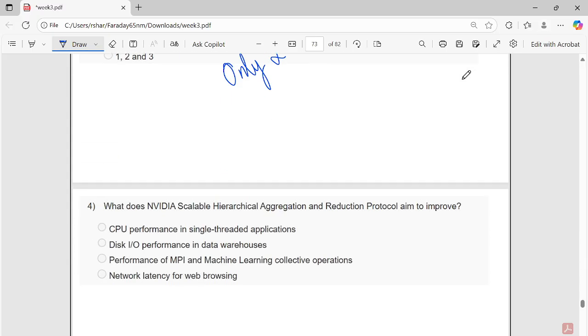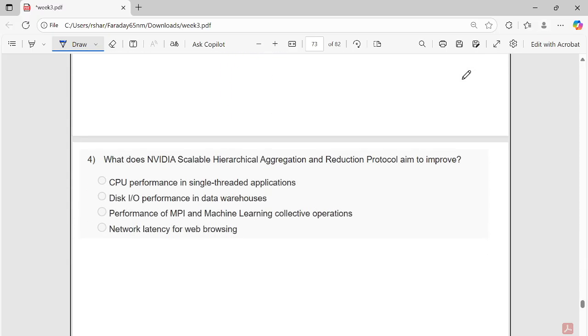Going to the next question. What does the NVIDIA Scalable Hierarchical Aggregation and Reduction Protocol aim to improve? Yes, the performance of MPI and machine learning collective operations.